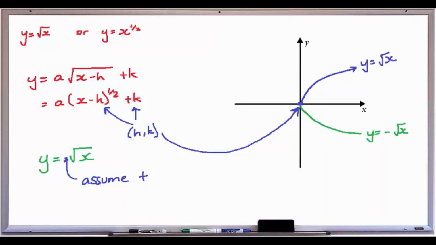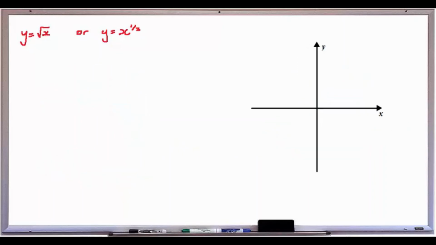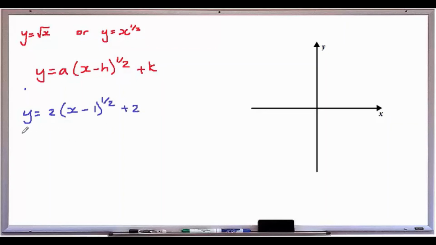So let's have a look at a couple of cases. Remember, we are referring to y equals a(x minus h) to the half plus k. If I was looking at a relation that said y equals, let's say, 2(x minus 1) to the half plus 2, or that could be written as y equals 2 root x minus 1 plus 2.